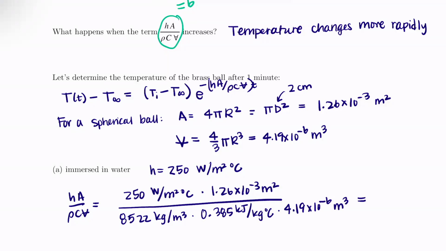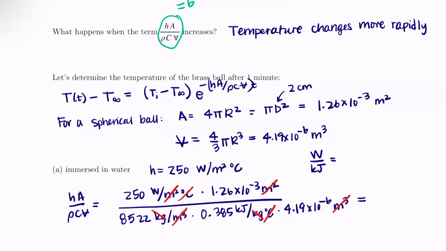All right, let's take care of our units really quick. We have meters squared divided by meters squared, meters cubed divided by meters cubed, kilograms divided by kilograms, and degree C divided by degree C. What we have left is watts divided by kilojoules.